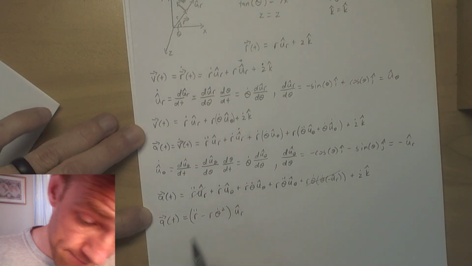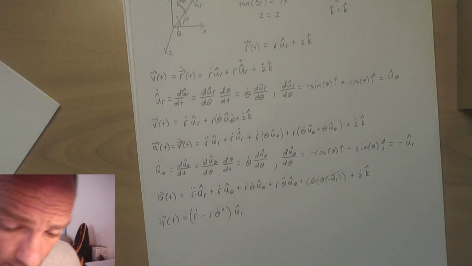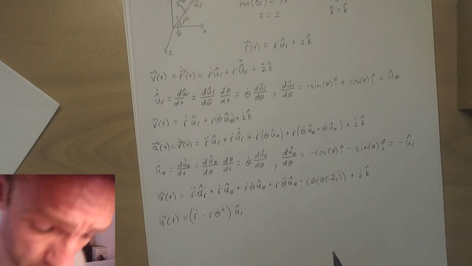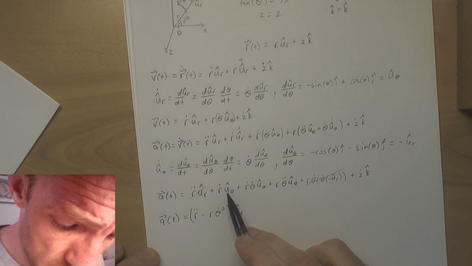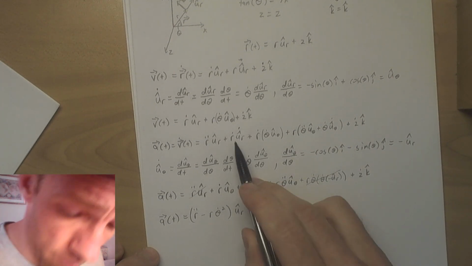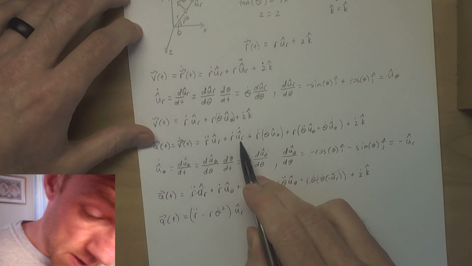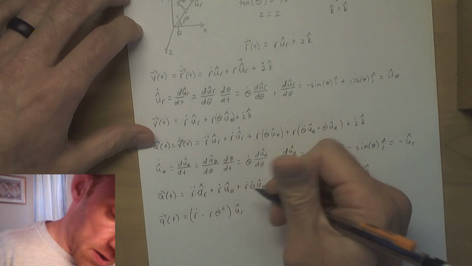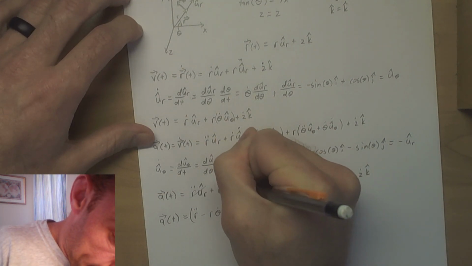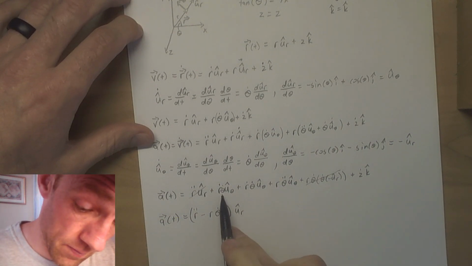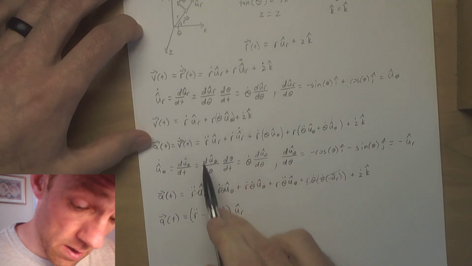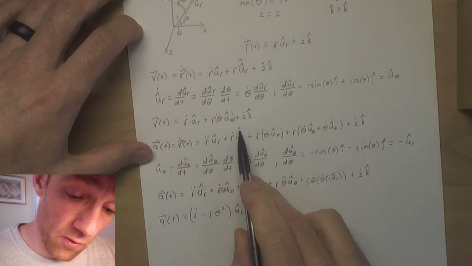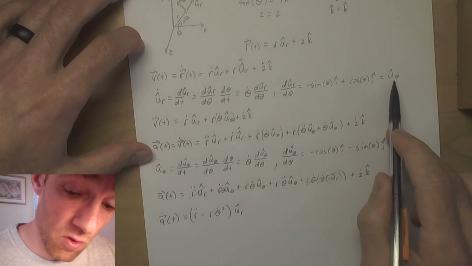Oh, there's a theta dot here that I left out. See that? So let's see here. The time derivative of u sub r is theta dot times u sub theta.